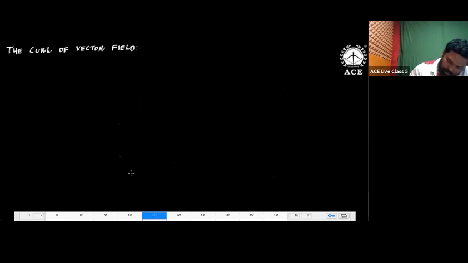Curl of a vector field. Okay. Let F be a vector field, F is equal to Fx x cap plus Fy y cap plus Fz z cap.